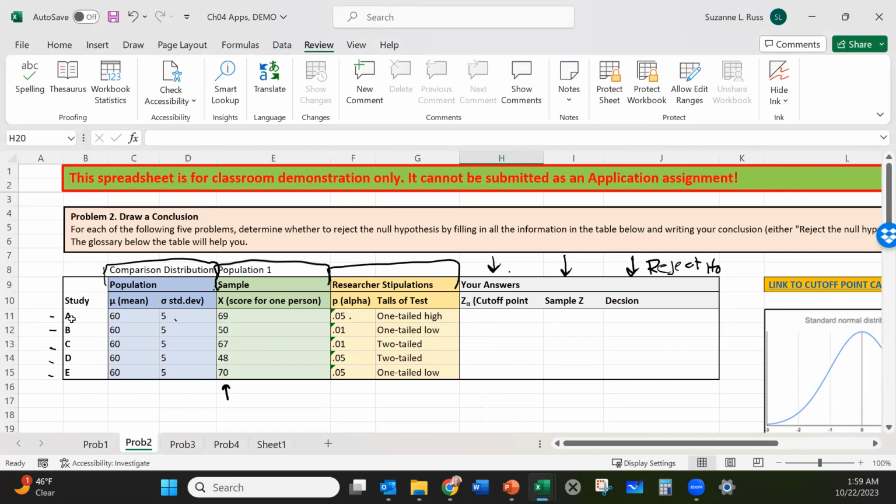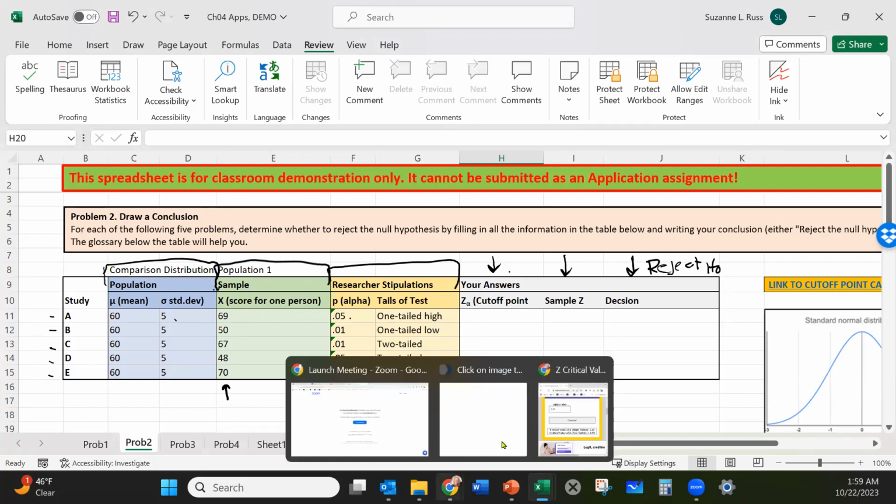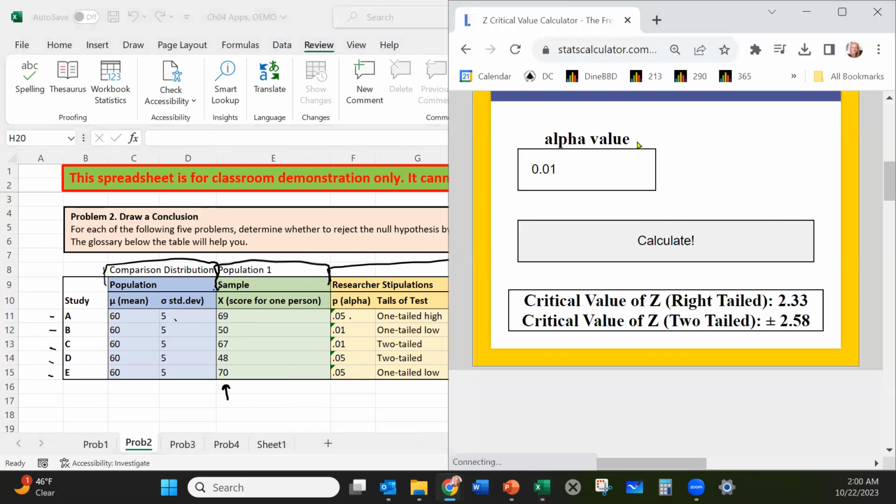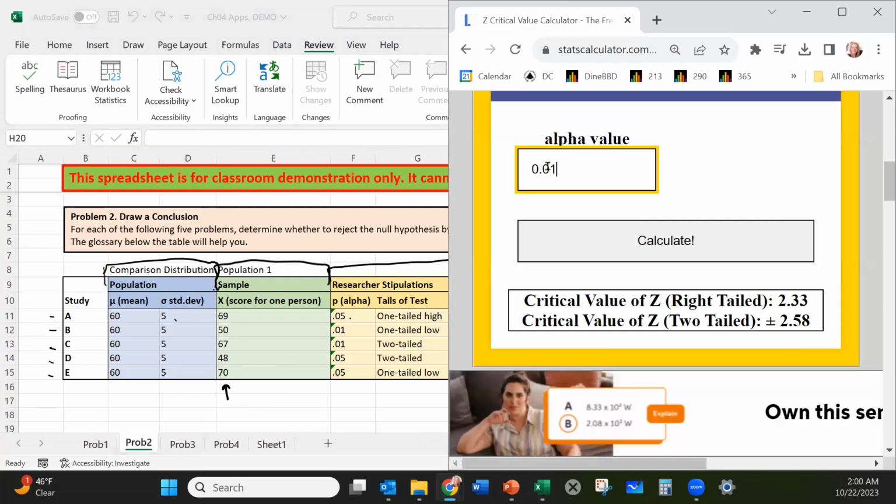So let's go ahead and figure out the first problem. So we are given the mu of 60, standard deviation of 5, and our individual, or one person, got a score of 69. The researcher wants an alpha of 0.05 and a one-tailed high test, so we can go ahead and look up the cutoff point or the critical value. Let's type in the alpha of 0.05 and hit calculate.